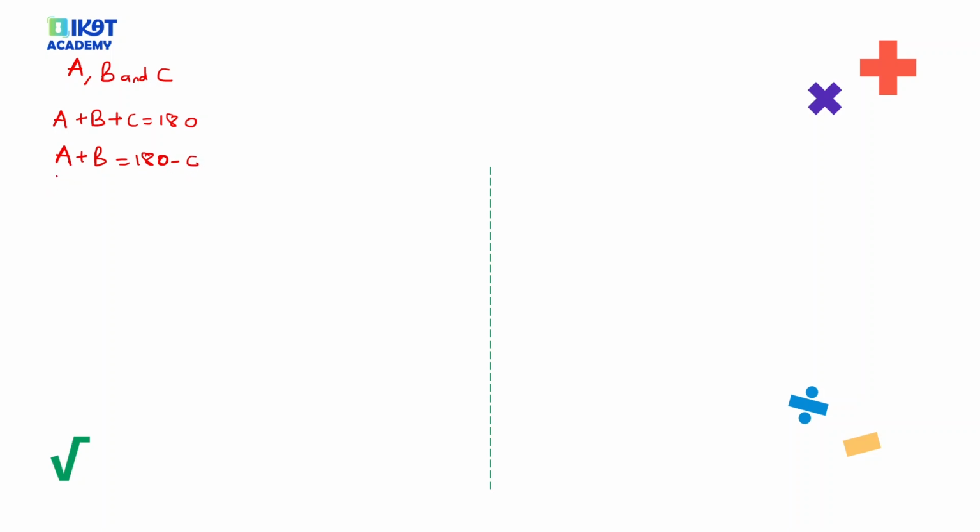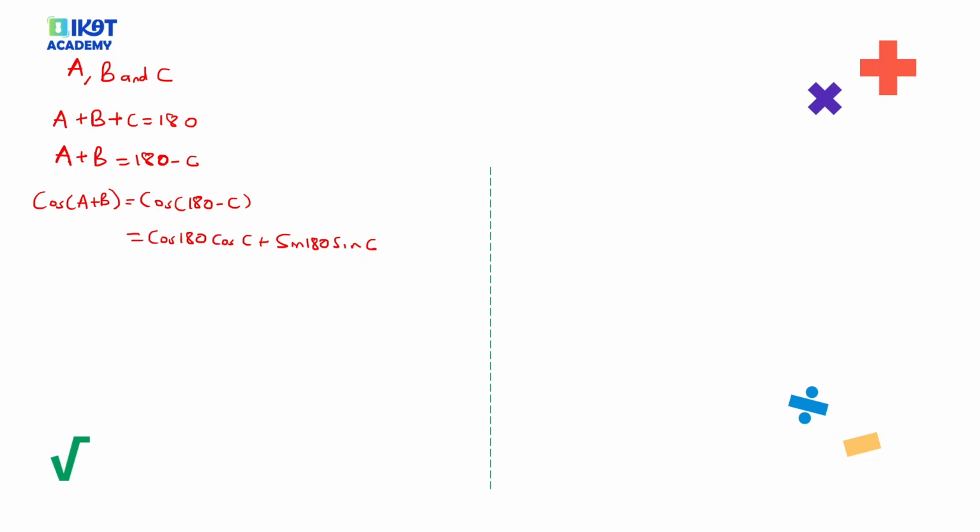So we can now say cos of a plus b, because we want to replace a plus b that you're going to see in the equation somewhere. Here we get cos 180 cos c plus sin 180 sin c. We put this in our calculators.